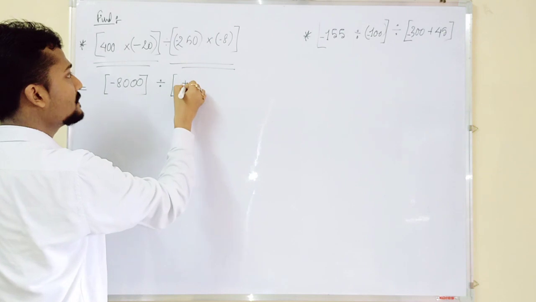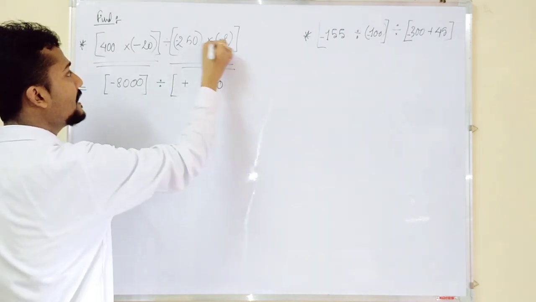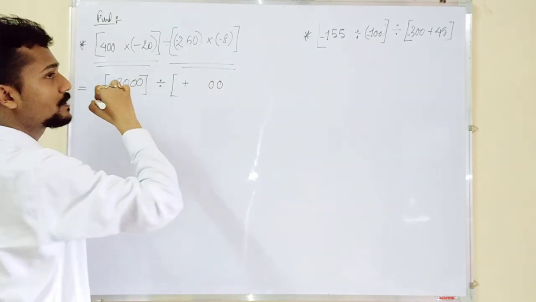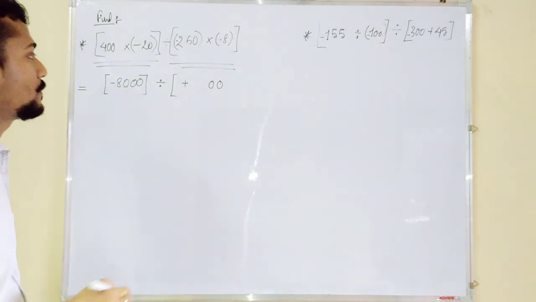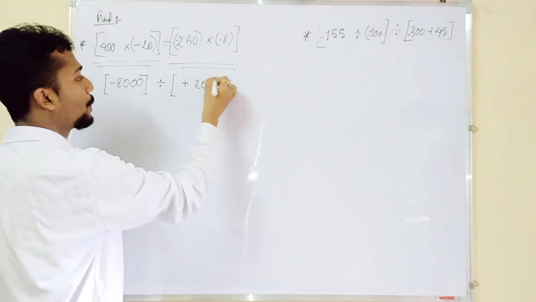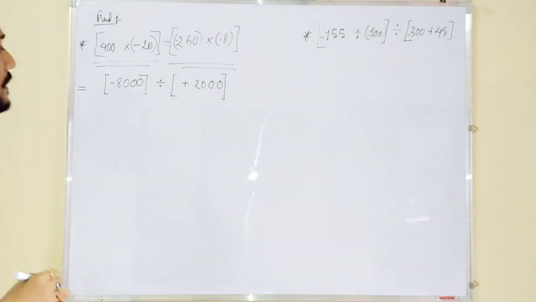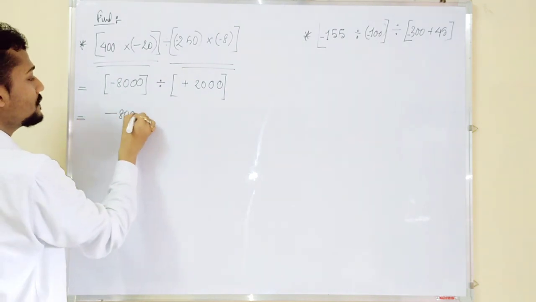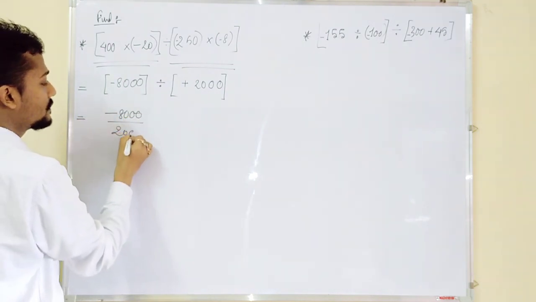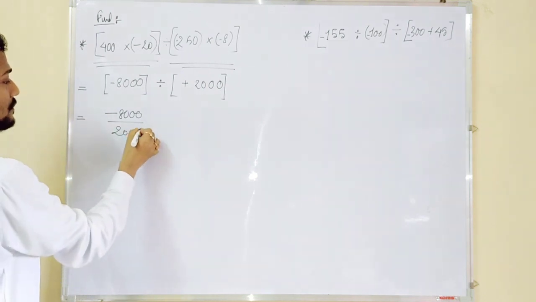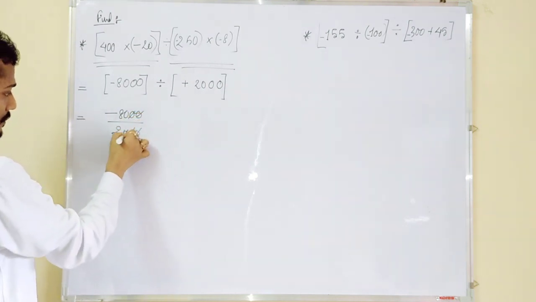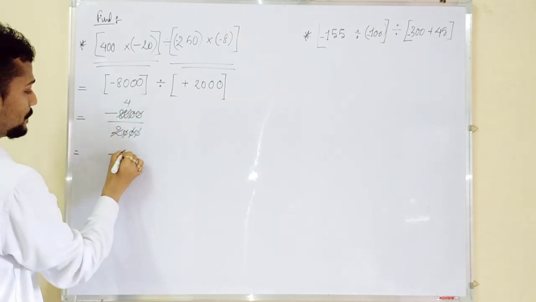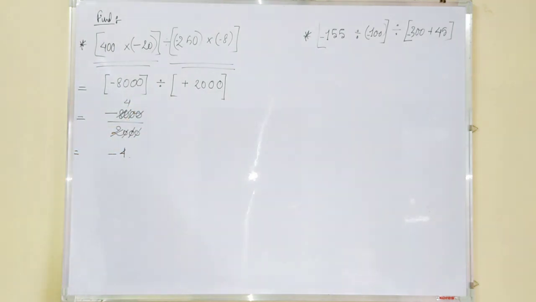Minus minus plus. 8 5s are 40, 8 2s are 16 plus 4 is equal to 20, so 2000. Next, minus 8000 by 2000. The zeros cancel. 2 4s are 8, that means it will be minus 4.